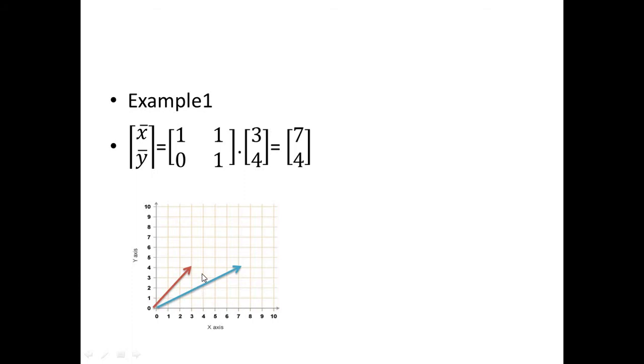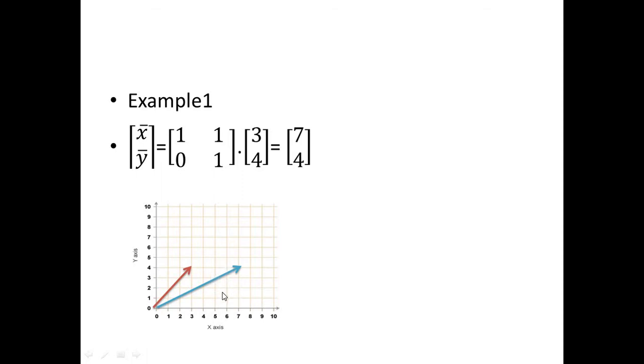Now you can see the graph here. This is the arbitrary vector, this is 3 4, and this is the sheared vector, which has been produced by this shear matrix multiplied by this arbitrary vector. This is an x shear.